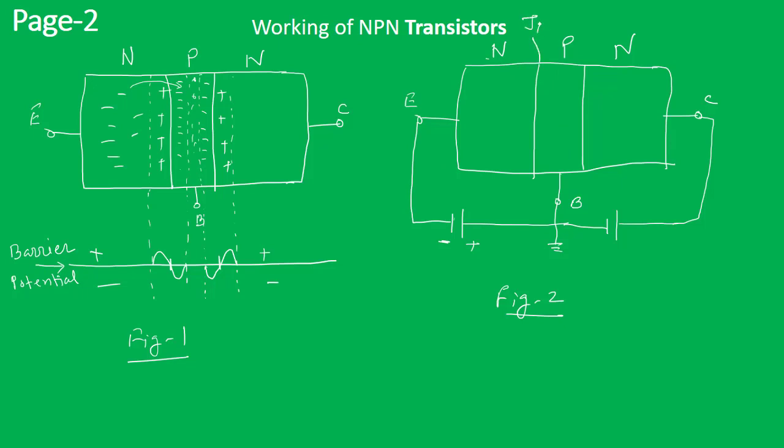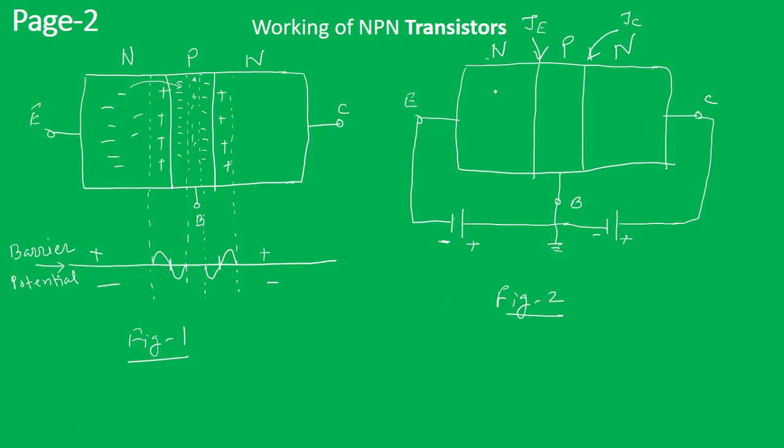Earlier we named it JE, and the collector-base junction we gave the symbol JC. The base-emitter junction is forward biased and the collector-base junction is reverse biased. Here the positive terminal of the battery is connected to the N side, so that is providing the reverse bias.